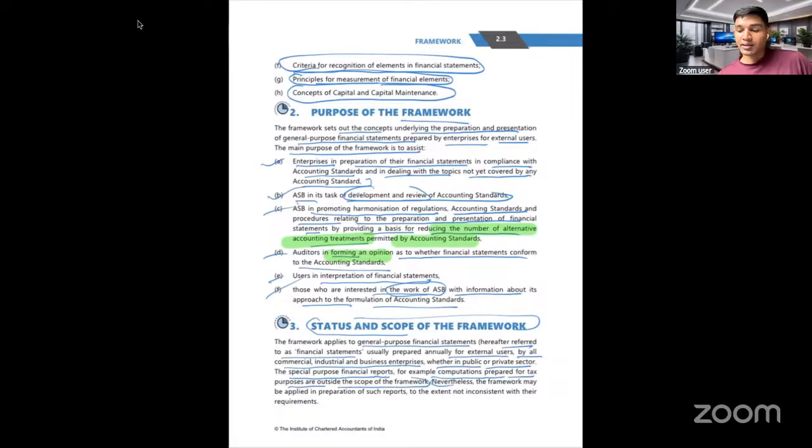Nevertheless, the framework may be applied in preparation of such reports to the extent not inconsistent with their requirements. Nothing in the framework overrides any specific accounting standard. In case of a conflict between an accounting standard and the framework, the requirements of the accounting standard will prevail over those of the framework.